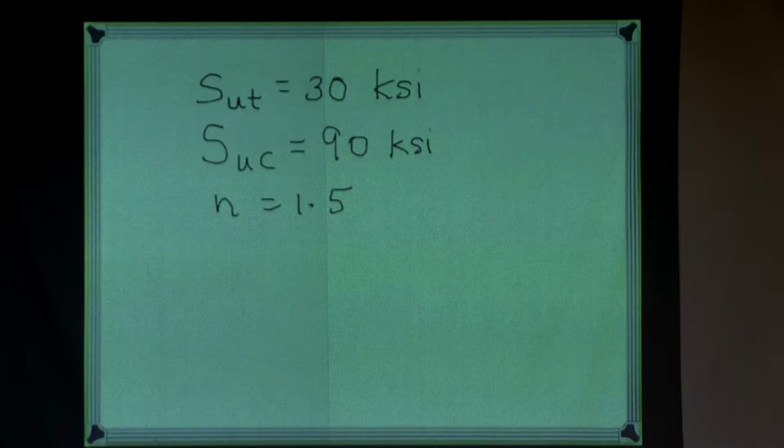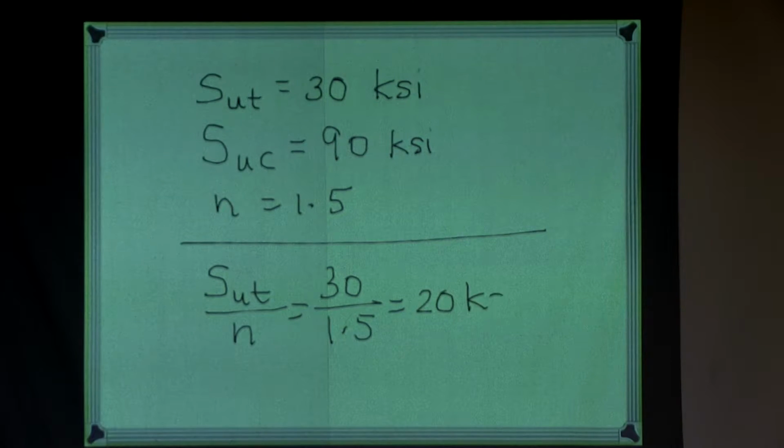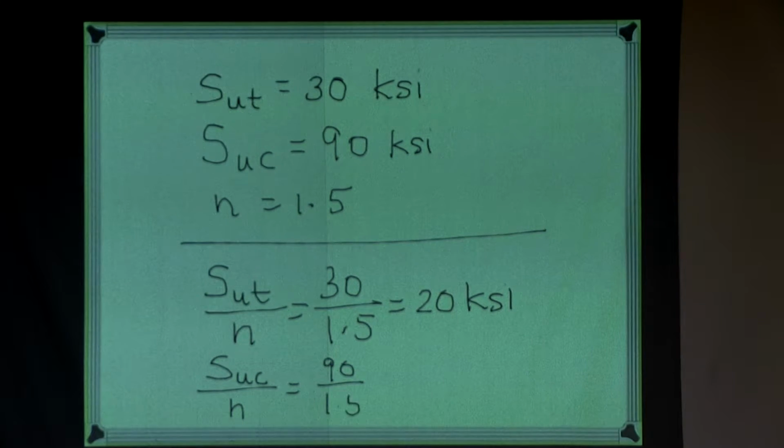Therefore, the extents of the plot will be S of ut divided by n, which is 30 divided by 1.5, equal to 20 kpsi, and S of uc divided by n, which is 90 divided by 1.5, that is 60 kpsi.